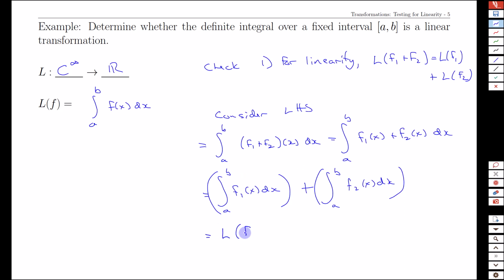That is L of f1. And this, not too surprisingly, is the transform of f2. So we can start with this form of our transform, do some work using the rules of integrals and functions, and get to the alternative that is L of f1 plus L of f2. And so the integral on a fixed interval satisfies the first criterion of linearity.